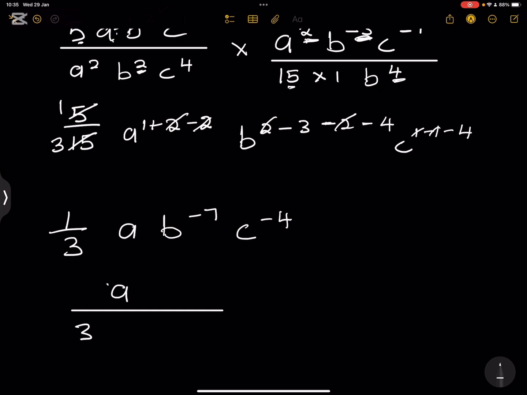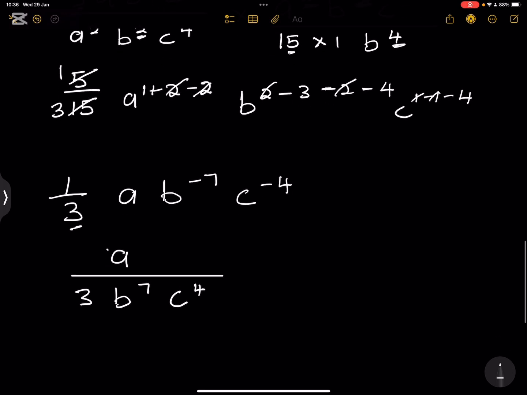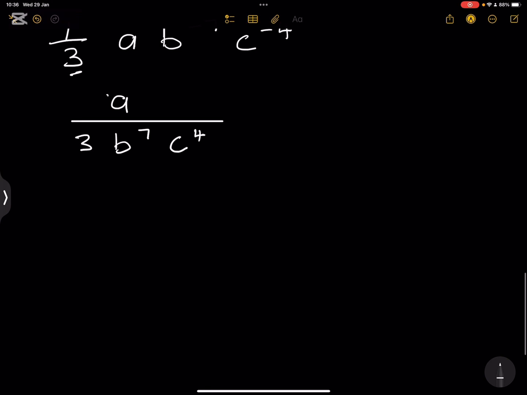The 3 I can write as the denominator, and the b has got a negative exponent, so I can write it in the denominator as a positive exponent, and c has a negative exponent. I can write it in the denominator with a positive exponent. And that is what I get there. Please confirm if you've got the same thing. Please let me know.